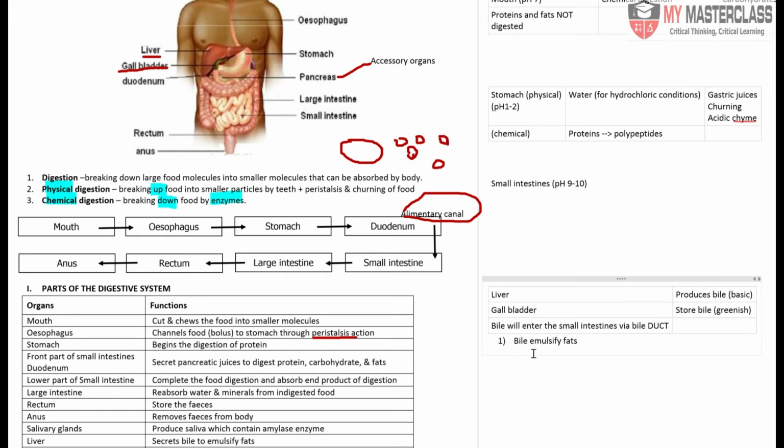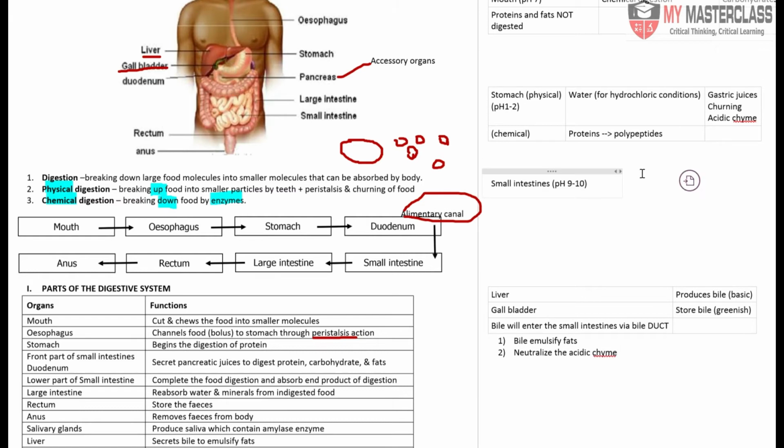Once the bile emulsifies the fats, that will allow the enzyme to work. Another thing the bile does is help to neutralize the acidic chyme. You know the stomach has a very low pH, so the bile will neutralize this acidic chyme, therefore enabling the enzymes in the small intestines to function.